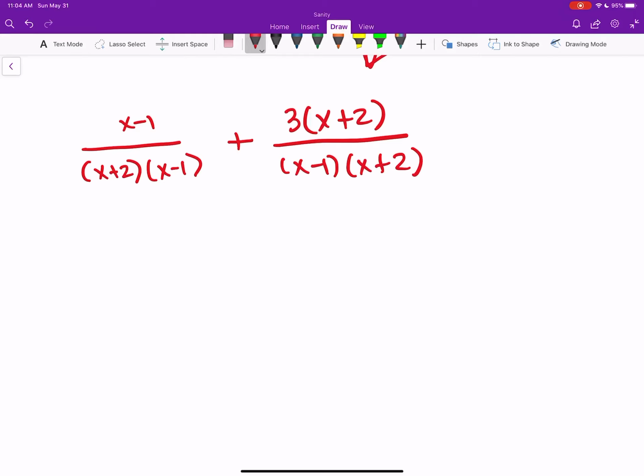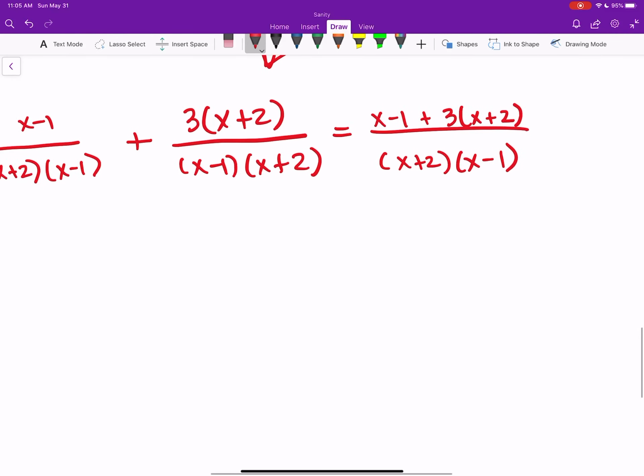Now what I can do is just add like regular fractions. When you add regular fractions, you keep the same denominator. So I'm going to keep the same denominator of x plus 2 times x minus 1. And then you add the top. So the top is going to be x minus 1 plus 3 times x plus 2. And now we can simplify as much as possible.